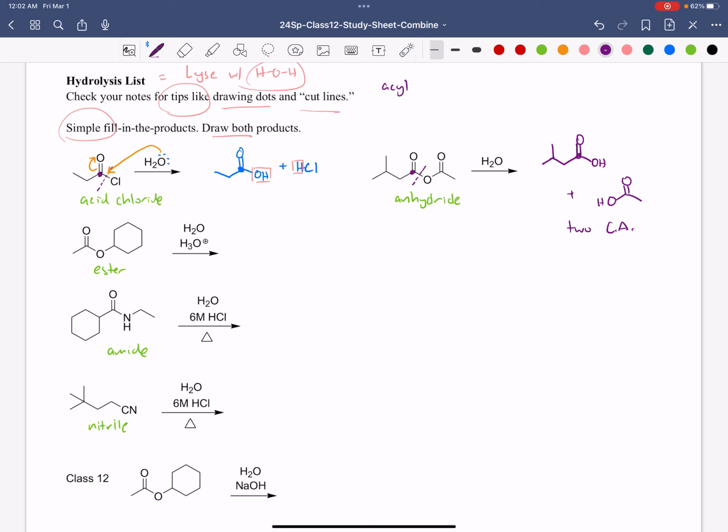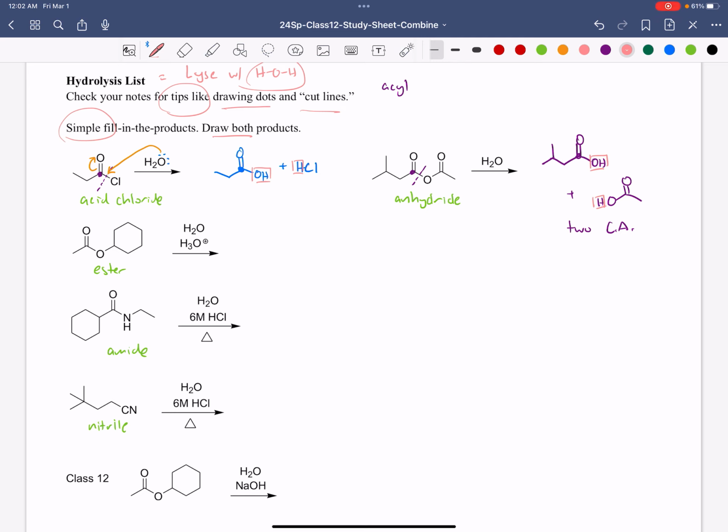And so if you had cut here, you would still have this acid, and you would have this acid. You have the same 2 products. The way I cut it, the H2O was there and there.